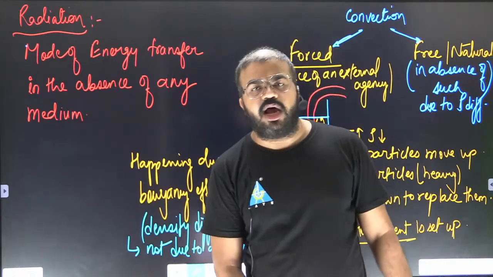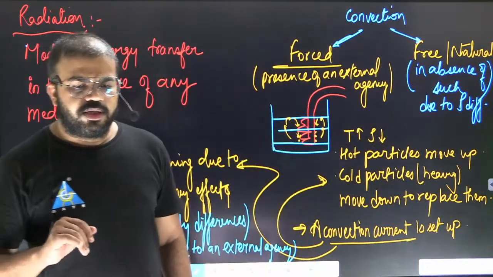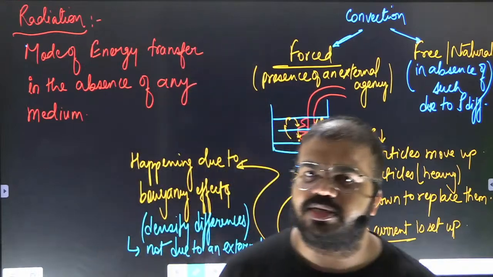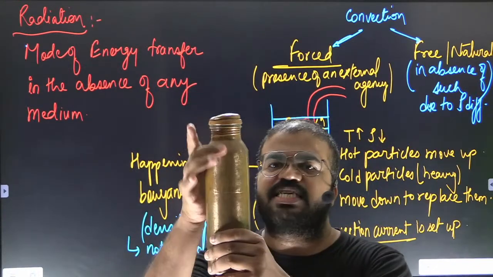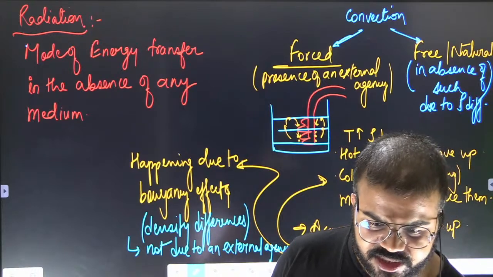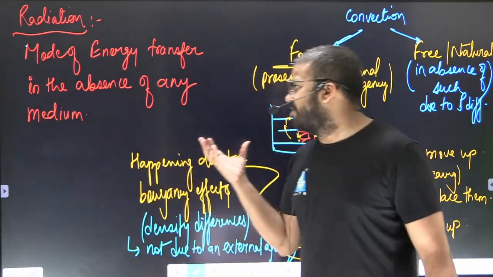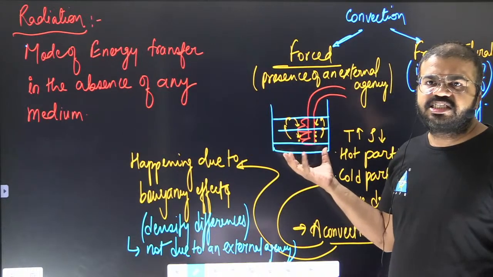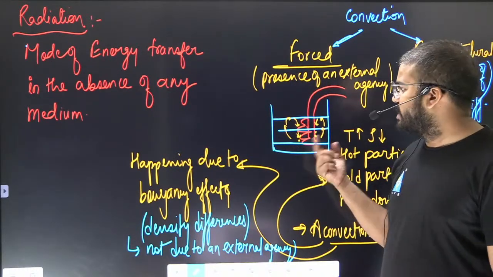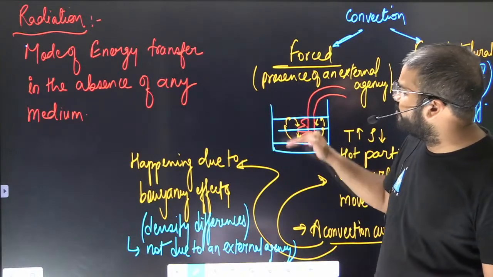Okay. So now about the thermos flask. Let me tell you. You have this thermos flask. This thermos flask is shiny on the outside. You might have seen, forced कब होता? Forced तब होता जब मैं इधर एक fan लगा देता या stirrer लगा देता, and that fan would have stirred it and propelled this fluid upward.